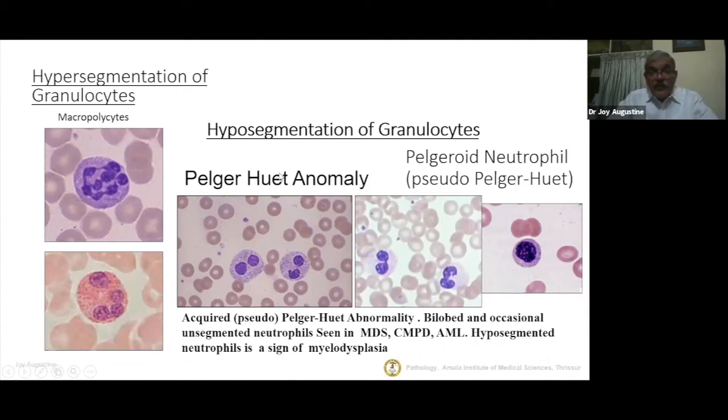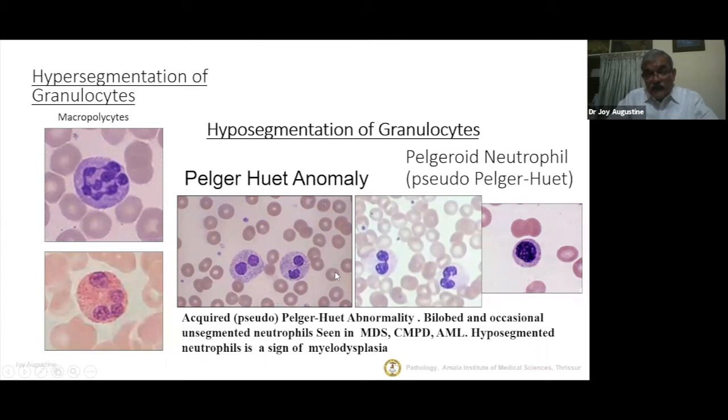Then you have hyposegmentation. Hyposegmentation means that the neutrophil nucleus actually has fewer lobes, 2 or even no lobes at all. Now this is a hereditary condition, and the important point to remember is that these may be reported as stab forms, and one will have to be conscious that the cells do not contain toxic granules, because toxic granulation is a feature which you associate with shift to left.